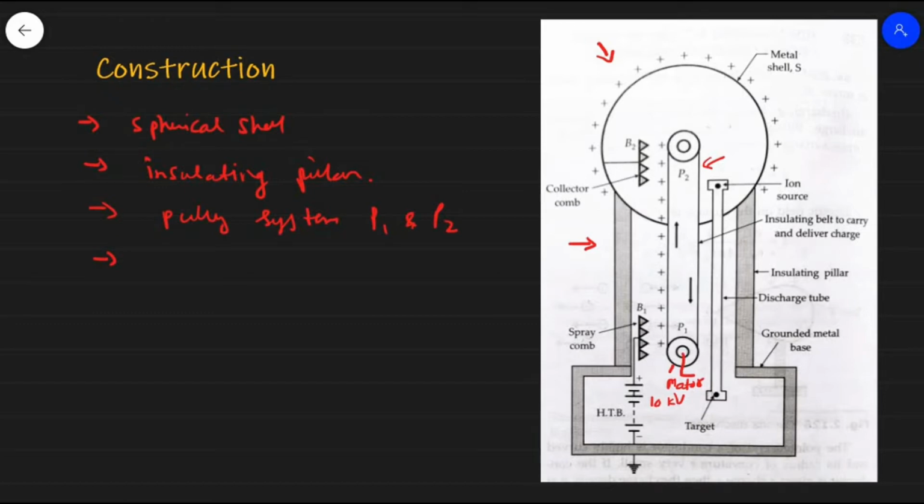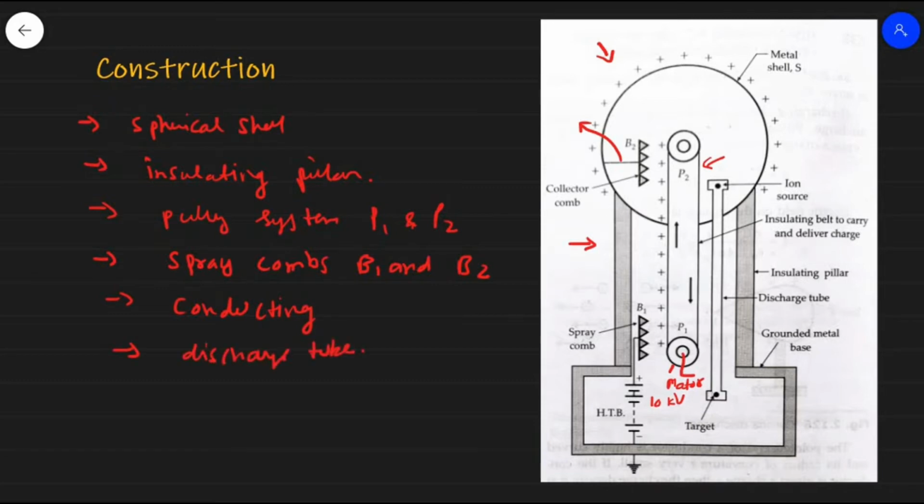And then we have spray combs, very important, spray combs B1 and B2. And this is a conducting wire. And then finally we have a discharge tube.